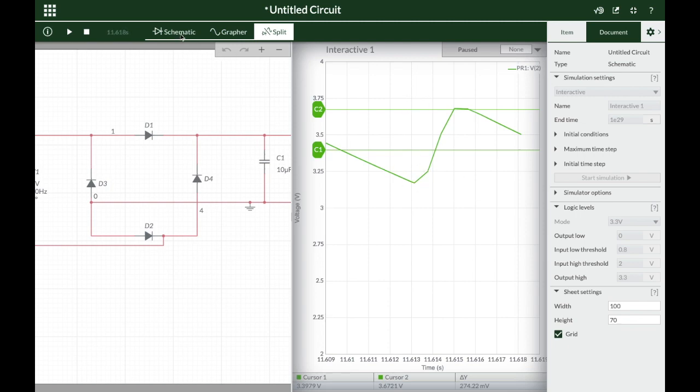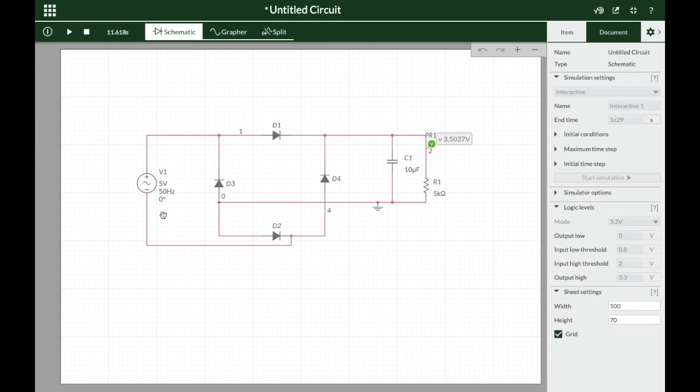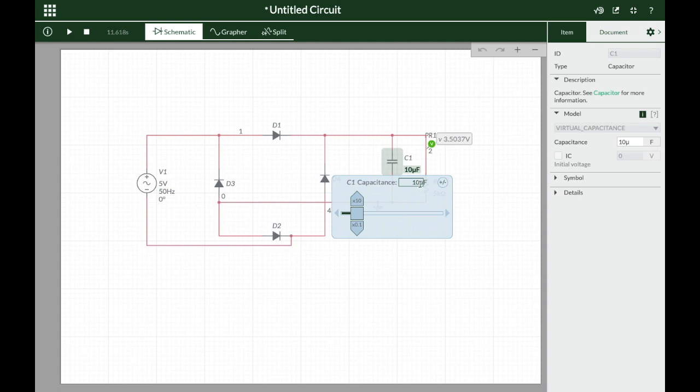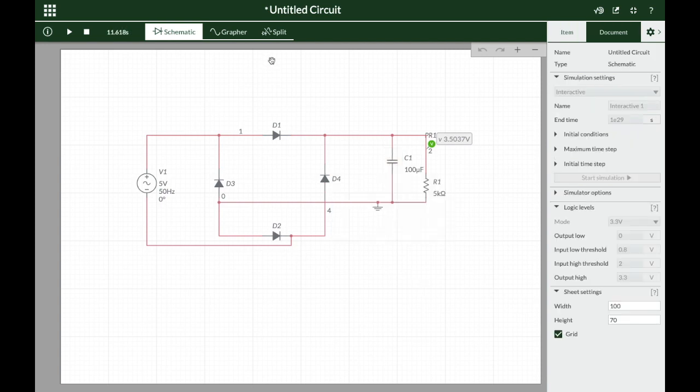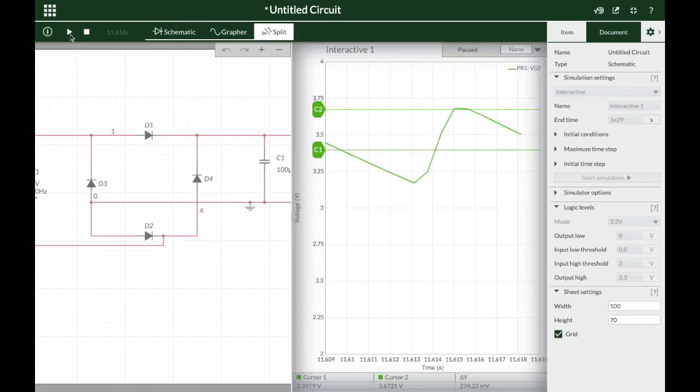So we have to remember that knowing the input signal frequency, we have to adjust the value of C so that the discharging time constant is much larger than the input signal periodic time. So here with this input signal periodic time of 20 milliseconds, if I want to increase the discharging time constant, let me increase this capacitor value to 100 microfarad and observe the output once again.